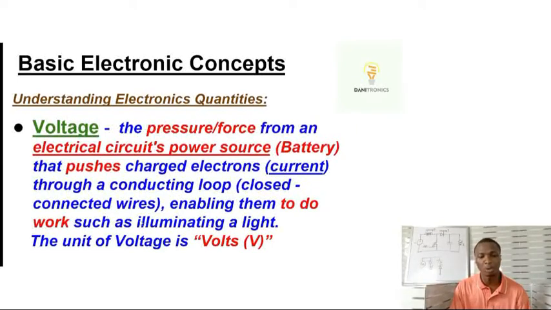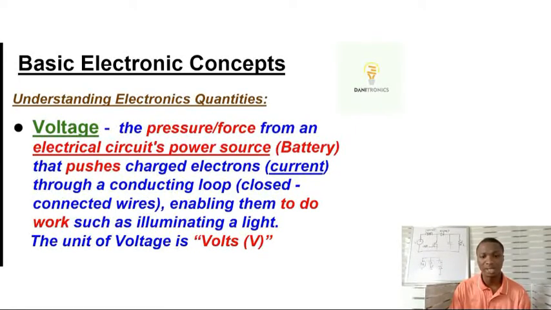Of course, you know the work is to illuminate a light, to rotate, just to perform one electrical work or the other. That is the voltage. I'm going to give a more detailed explanation in other slides, but for now I think this is a good summary of what voltage is talking about. So please understand what voltage is, because I've noticed that so many people mistake voltage for current and current for voltage. It's good to really understand.